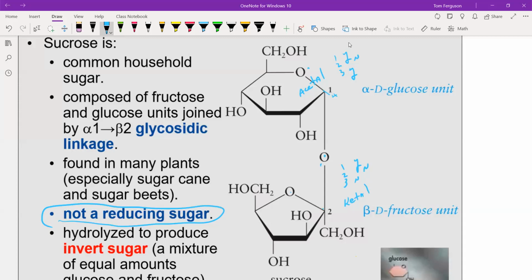So this would be alpha 1, beta 2. Now in fructose, the anomeric carbon is carbon number 2. Everything else is carbon number 1. And the anomeric carbon can either be alpha or beta.